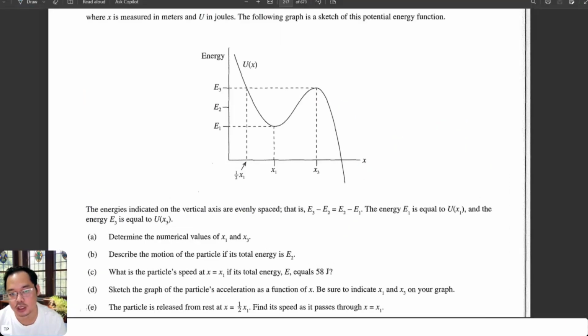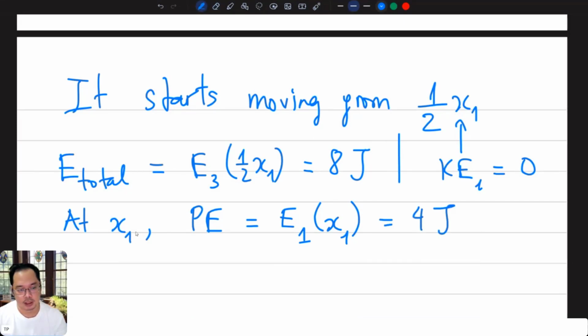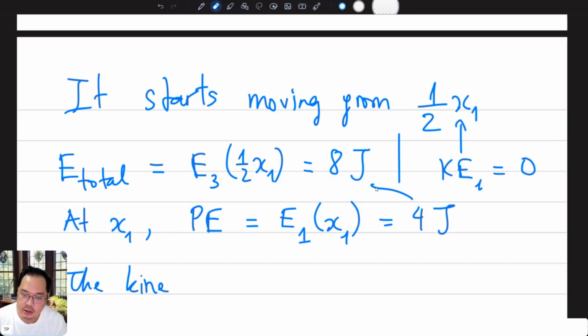No, not E2, but E1, at x1, which is 4 joule. So the decrease of potential energy is 4 joule. Then the increase of kinetic energy is 4 joule.